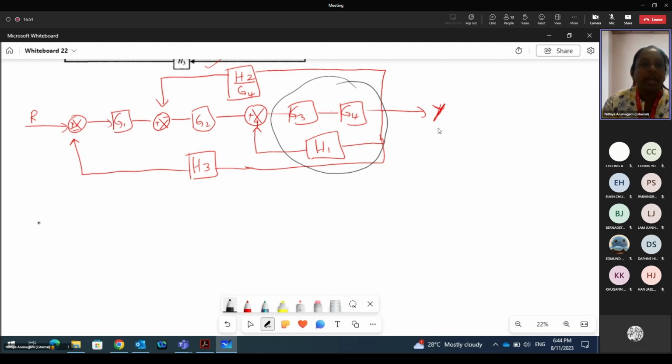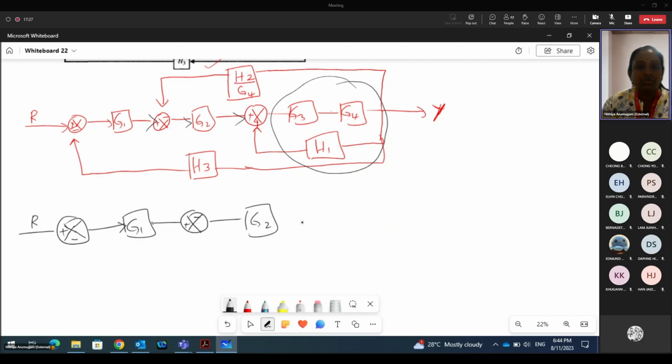So we're going to have R plus minus, summing point plus minus, we have G1. Make sure you put the arrow. I missed labeling here. So all the arrows are important, so that we know in which direction it is flowing. All right. So here we have another feedback loop plus minus, and then here the G2.